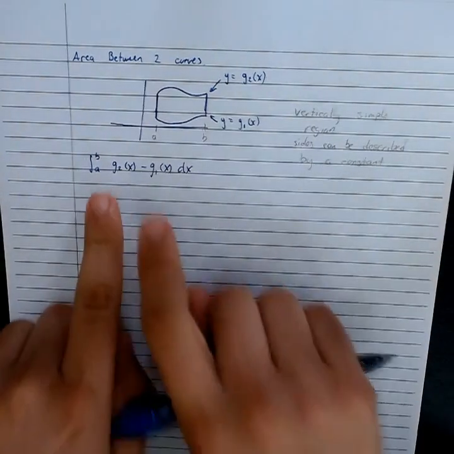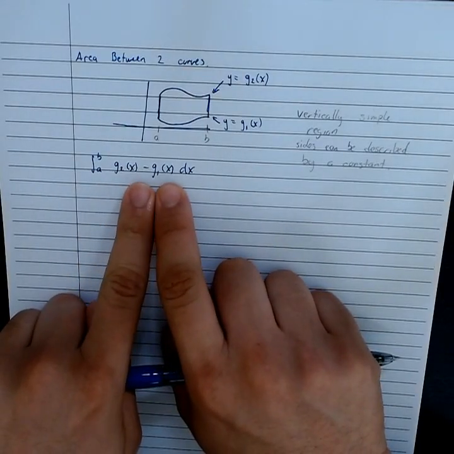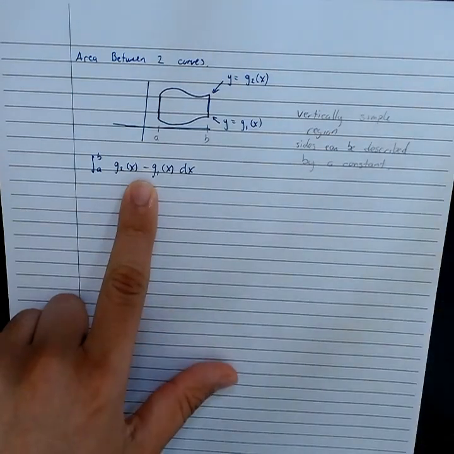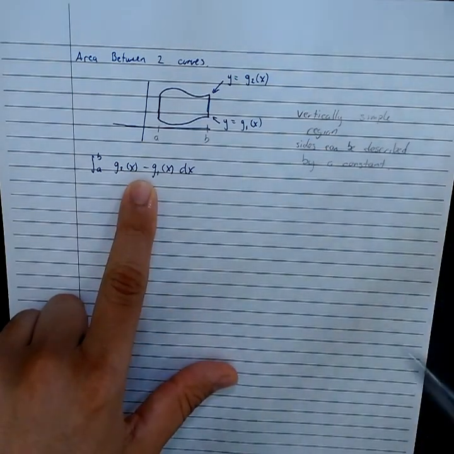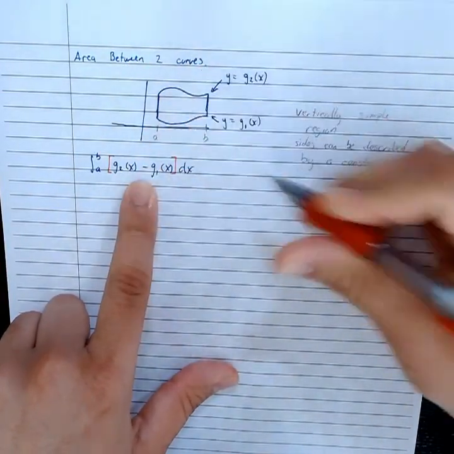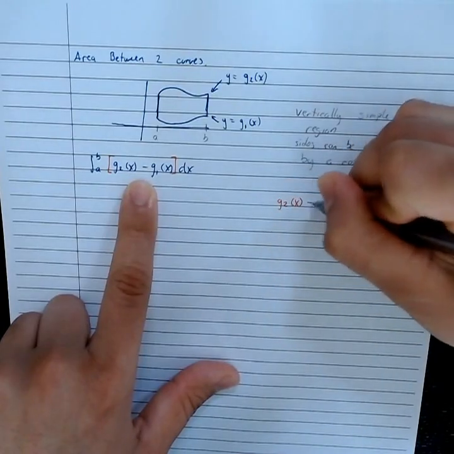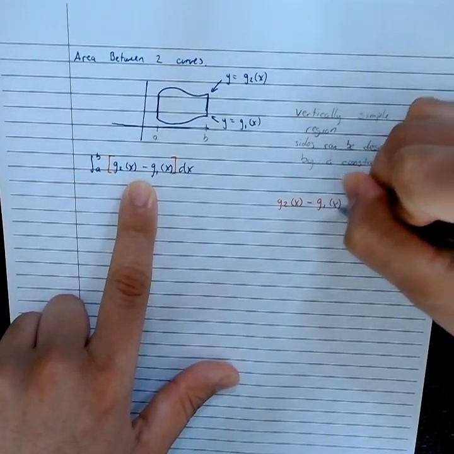What we want to do, though, is notice that this g2 of x minus g1 of x could be expressed in a different, albeit somewhat strange-looking way. Look at just this part, g2 of x minus g1 of x.